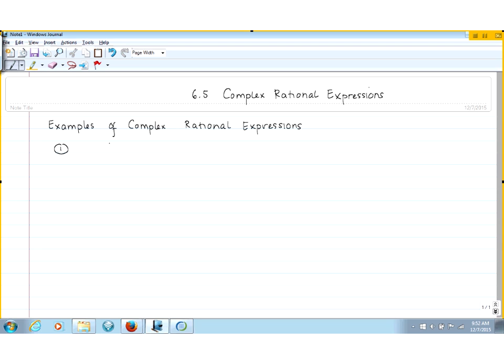So, for example, it looks like this: x over x minus 3 divided by 4 over 5x minus 15. Another example is 1 plus 1/3 divided by 5 minus 5 over 27.